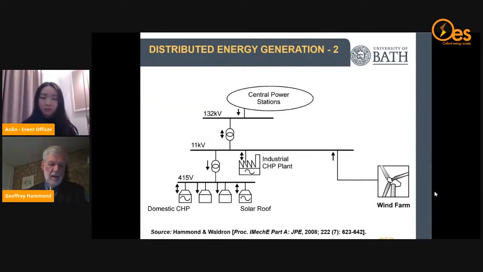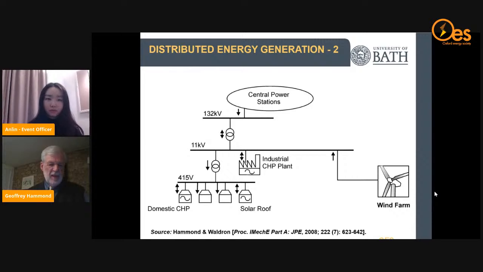Now, at the present time, most of our electricity comes from central power stations, but we're now talking about moving from this centralized system to much greater use of local sources of power and local sources of heat. So at the intermediate level, you might have a wind farm and industrial CHP plant, but at the domestic level, you might have things like domestic CHP and solar panels on your roof, either solar thermal or solar photovoltaics.